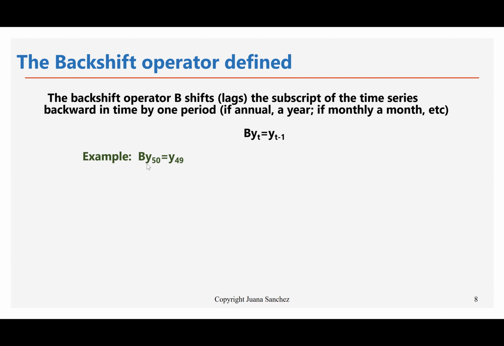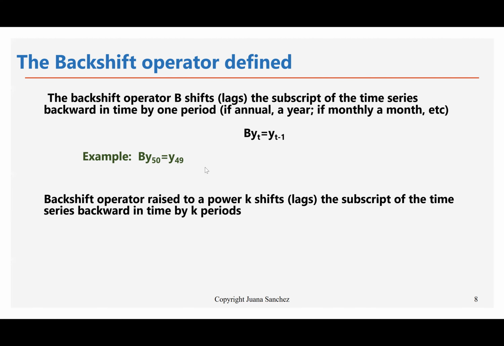For example, the backshift applied to a time series that we observe at time t equal 50 will be y sub 49.